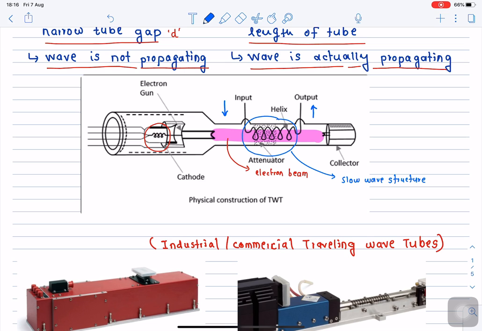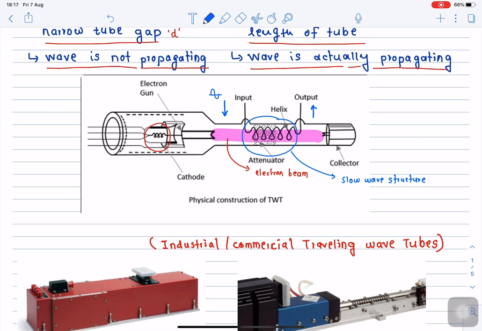The microwave signal which we want to amplify is given as input from here. The microwave signal is supposed to have a smaller magnitude. Now this microwave signal is input over this slow wave structure, and the electron beam is passing over the slow wave structure. Now the slow wave structure is made in such a way that it will resist the path of propagation of the electrons purposely.